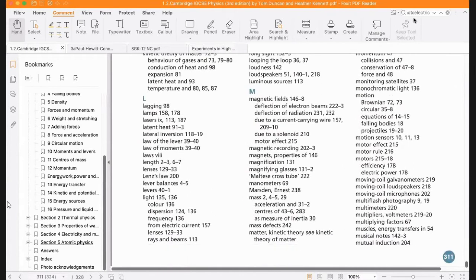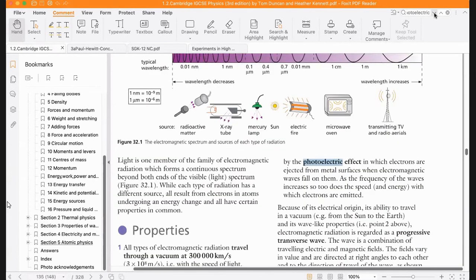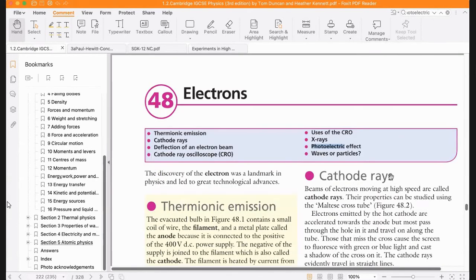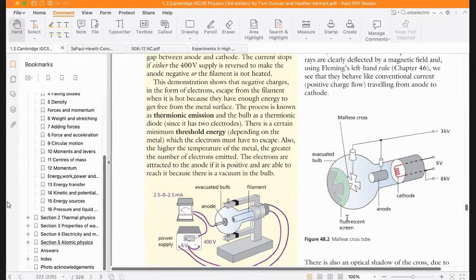I think I already gave you this book. In this book, they have the definition of the photoelectric effect. So here you can see that the photoelectric effect you can find in lesson 48.